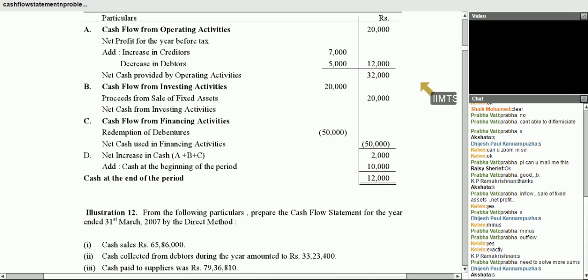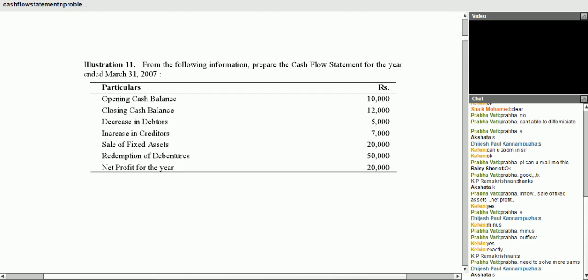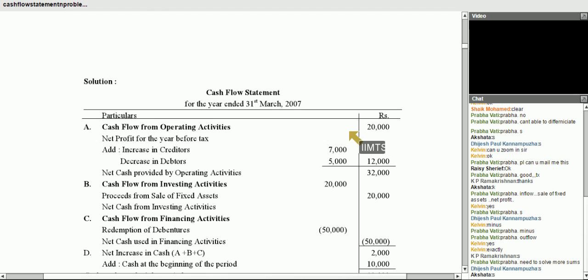Okay, let's take a look at one more example. Now, this is the indirect method, the one that we have solved. I think this is the indirect method, if I'm not wrong.